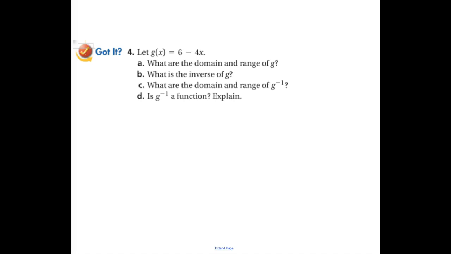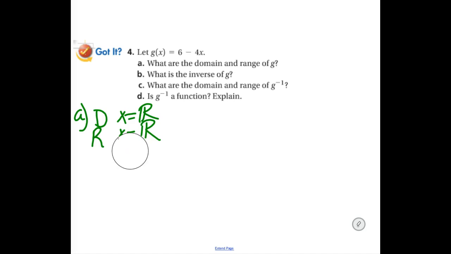What's the slope of that line? -4. So we have a negative sloping line, right? Slope is -4, y-intercept is 6. So are there any domain or range restrictions for a line? Okay. So for part A, my domain is all reals, and my range is all reals.